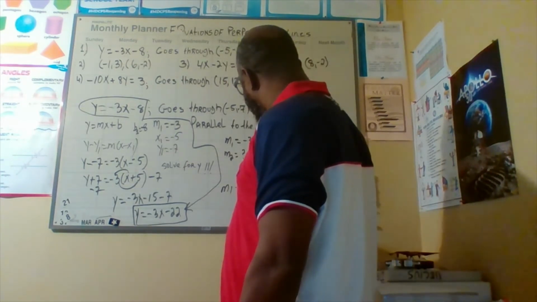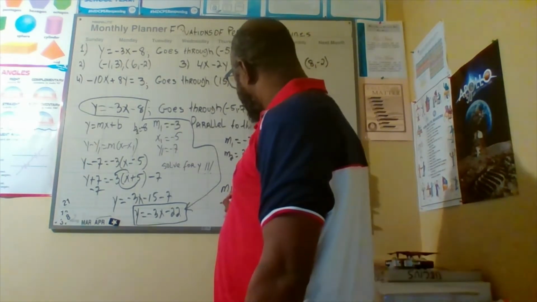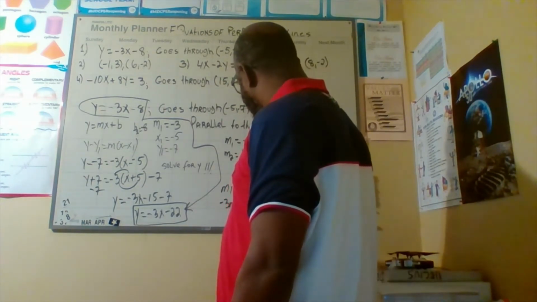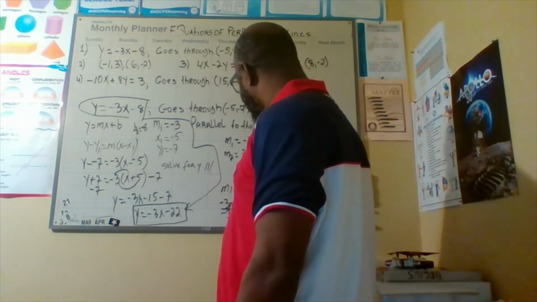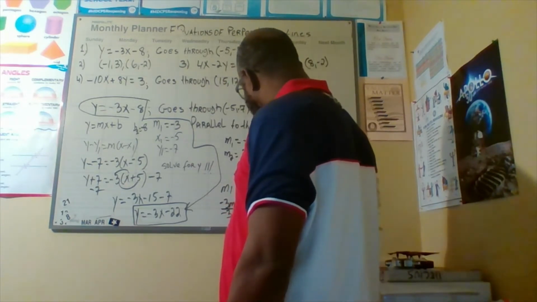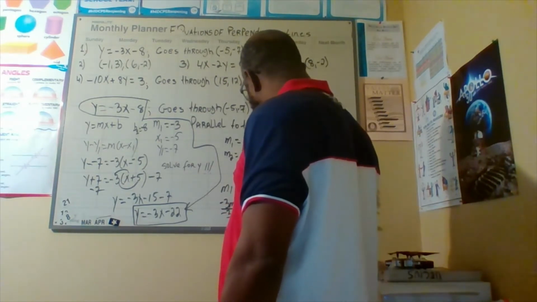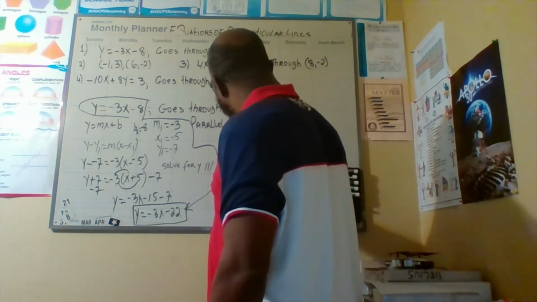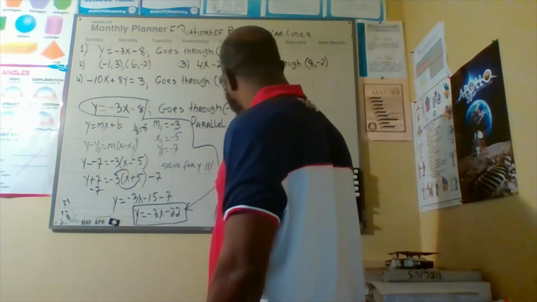So I will have -3 times m2 is equal to -1, divide both sides by -3. In this case, this slope that is perpendicular to that is 1/3. So this slope that I must use is 1/3. Right? My slope is 1/3.